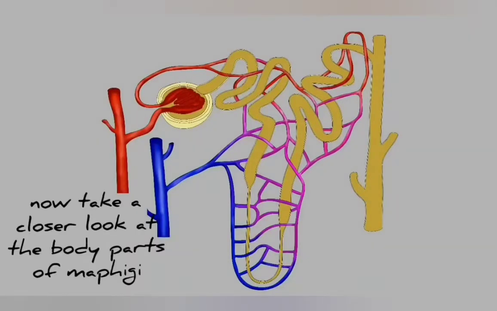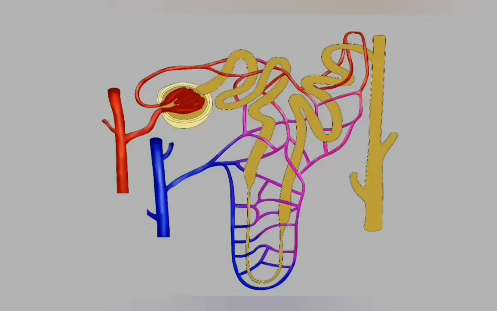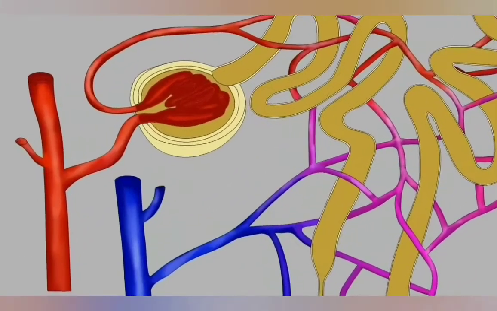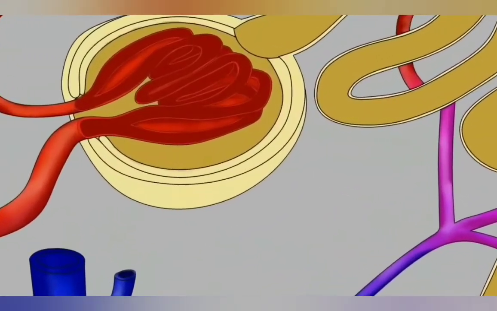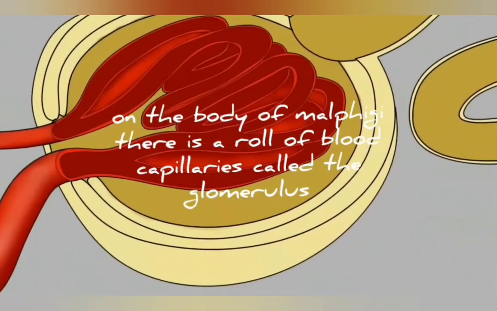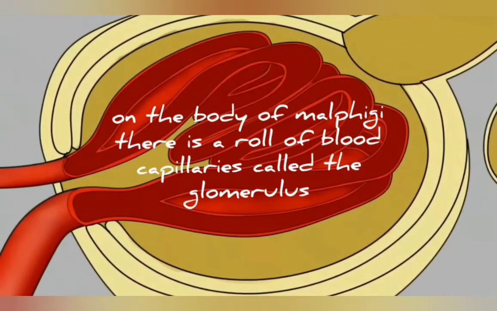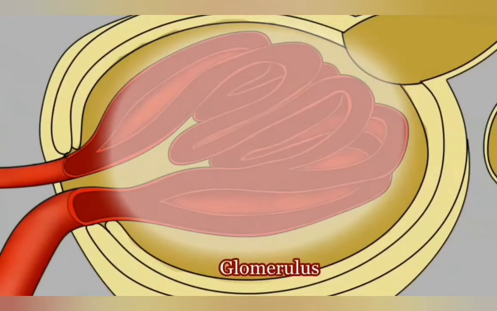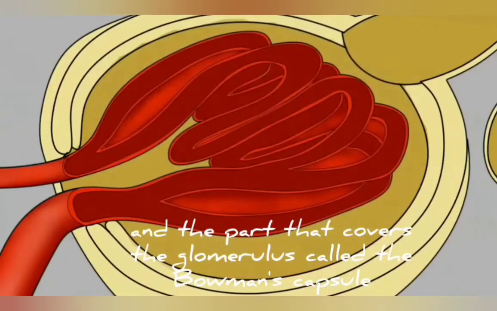Now take a closer look at the Malpighi body. In the Malpighi body, there is a roll of blood capillaries called the glomerulus. The part that covers the glomerulus is called the Bowman capsule.